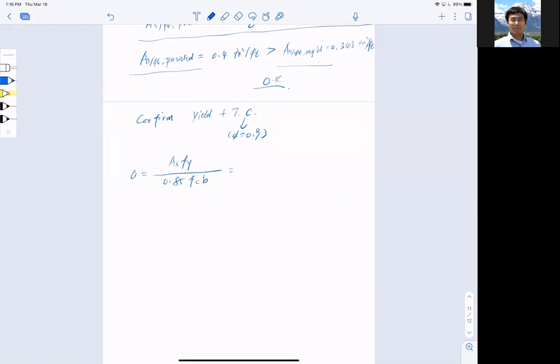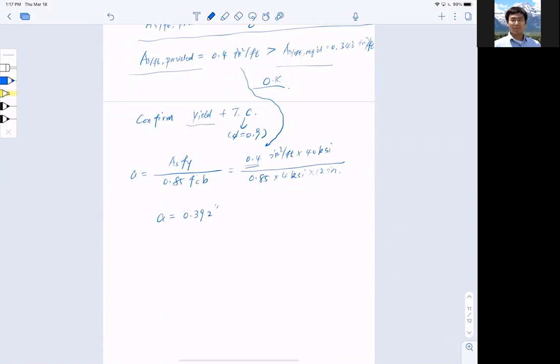The top here is now 0.4 inch squared per foot, which is what you provided here, multiplied by the yield strength of 40 ksi, divided by 0.85 multiplied by 4 ksi multiplied by 12 inch. So now a should equal 0.392 inch. This is my newly finalized effective compressive zone.